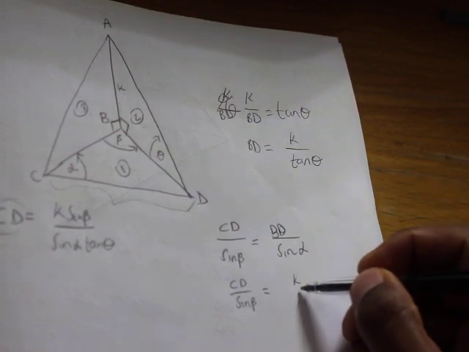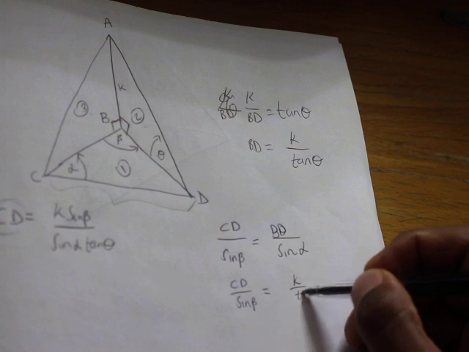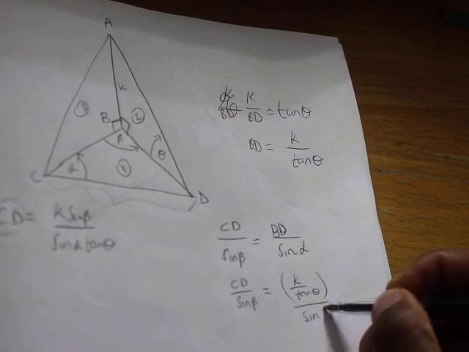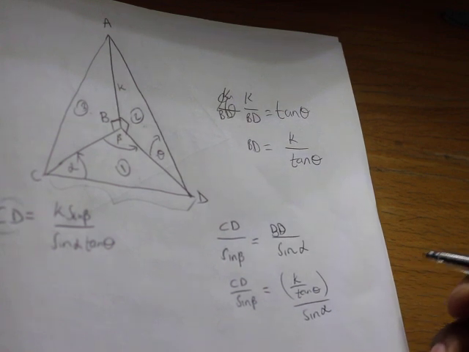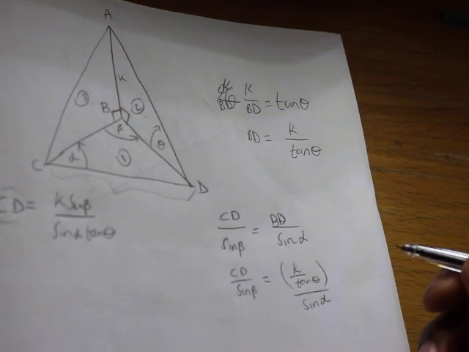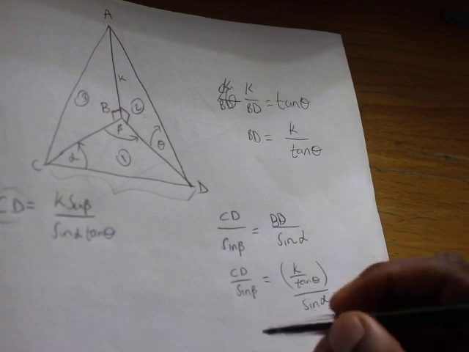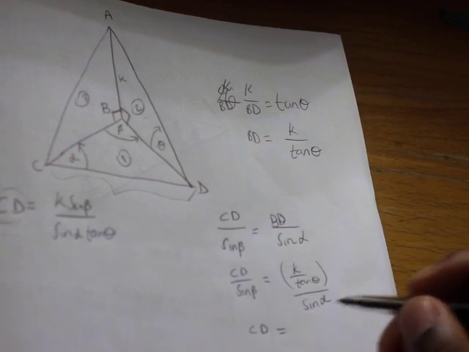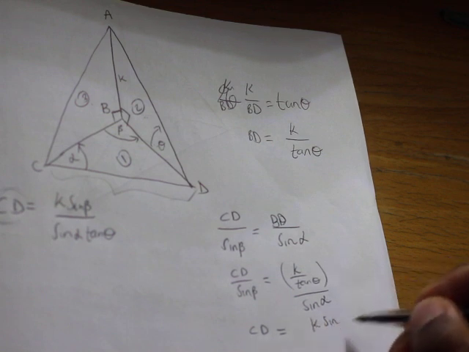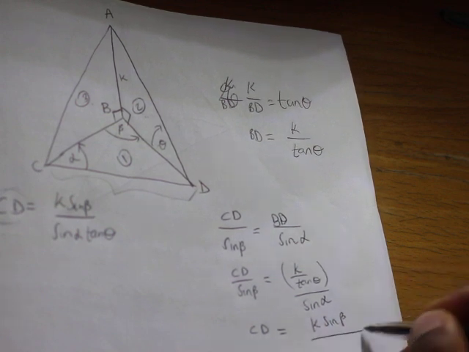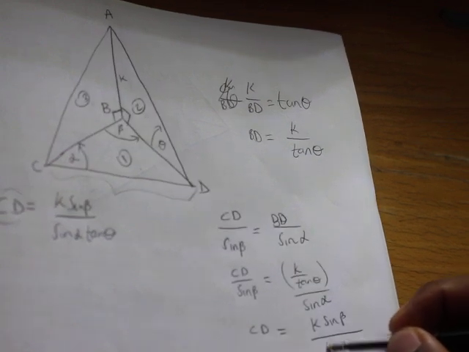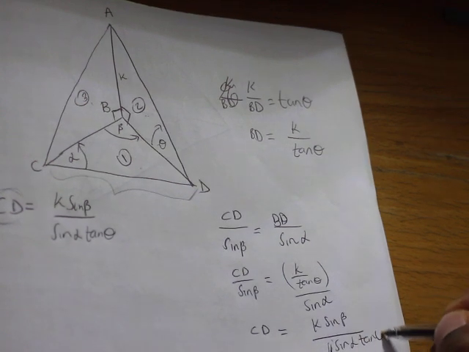BD, it's K over tan theta divided by sine alpha. So now if we simplify, this becomes CD is equal to K sine B divided by the sine of alpha and the tangent of theta.